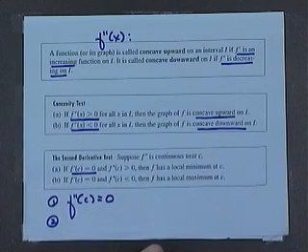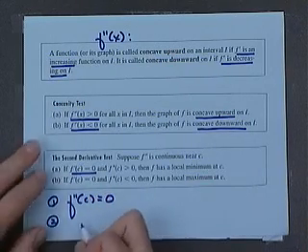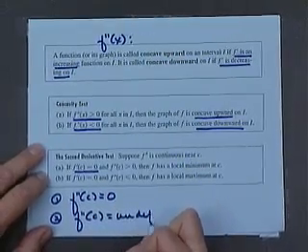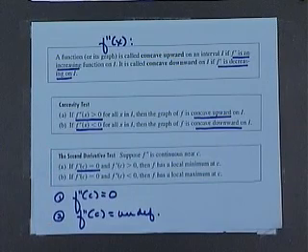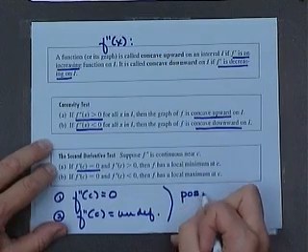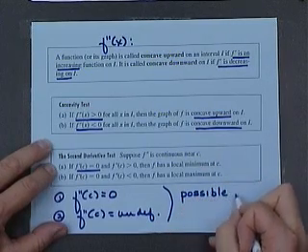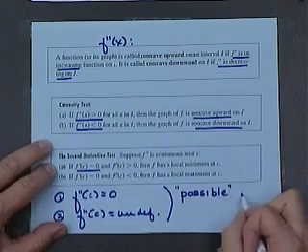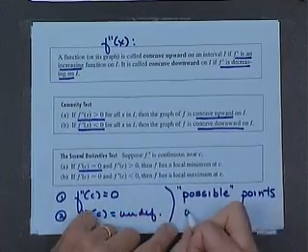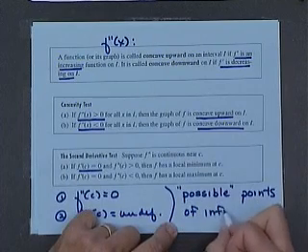It's just places where the second derivative is 0 and places where the second derivative is undefined. That's what we're searching for. These are possible points of inflection. Thank you for bringing that term up.